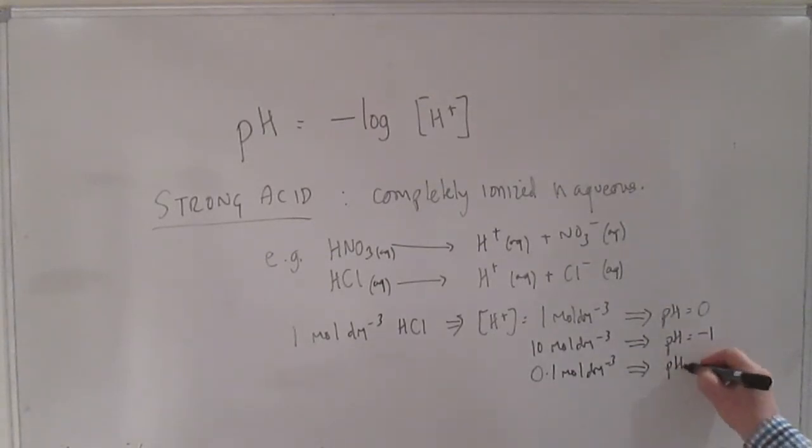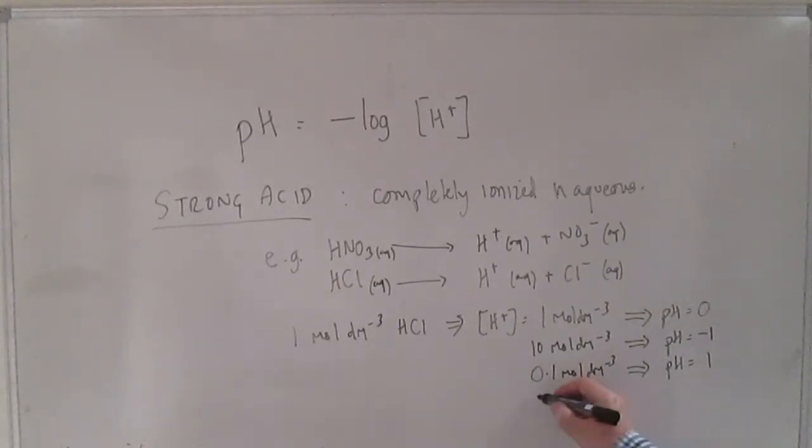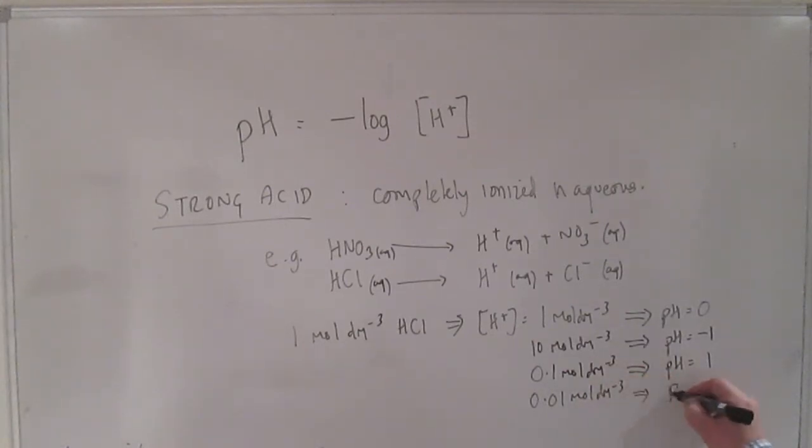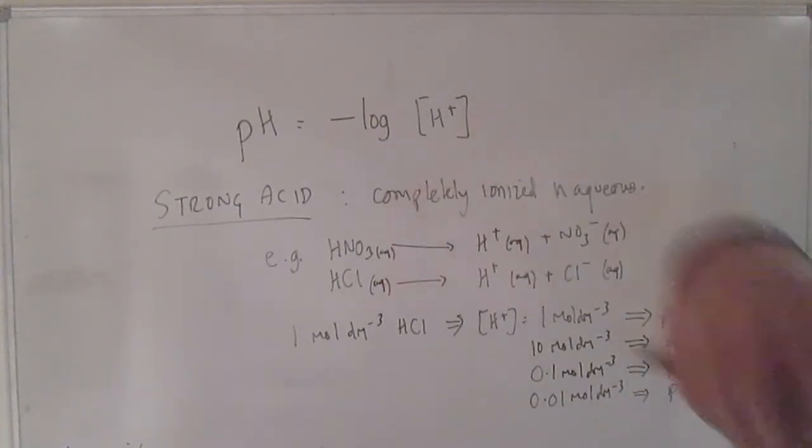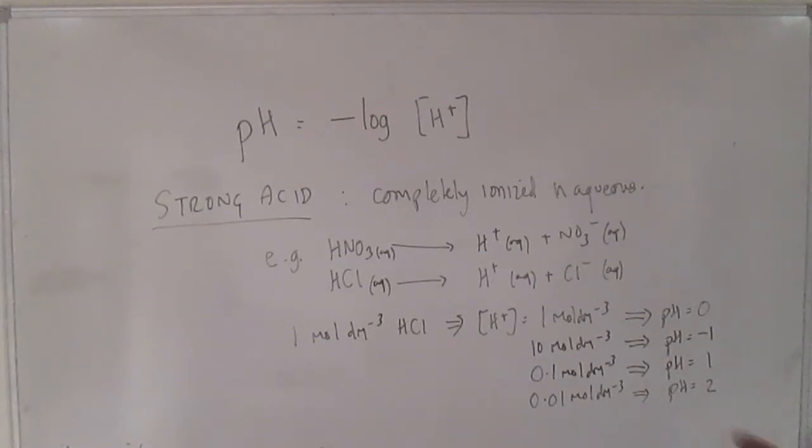So the pH is 1 for a 0.1 mole per dm cubed solution, and 0.01 moles per dm cubed gives you a pH of 2, because the log of 0.01 is minus 2, so minus the log is plus 2. So you can see the way it works. Each time we increase the concentration by a power of 10, the pH drops by 1 unit. And that's the way the pH scale works.